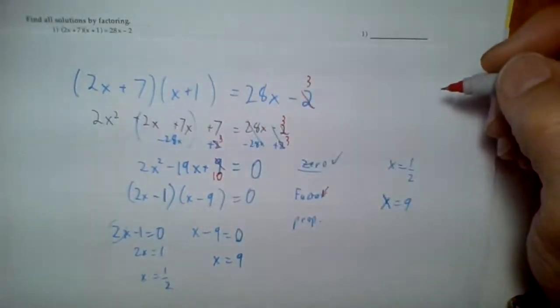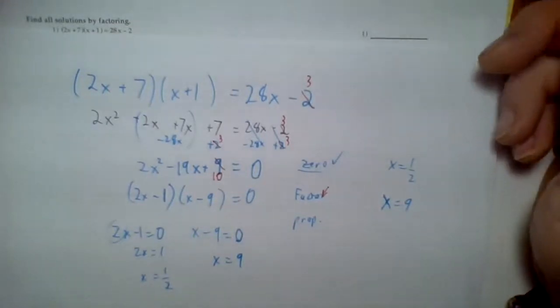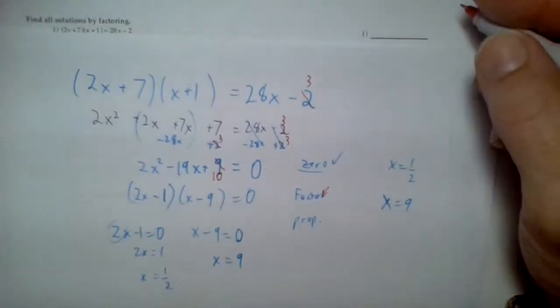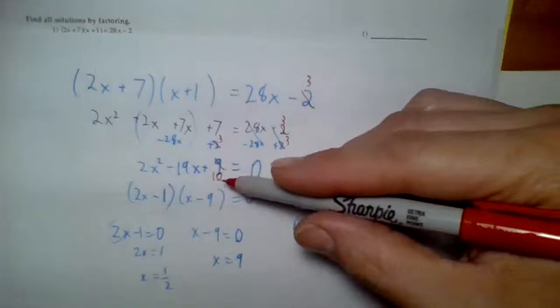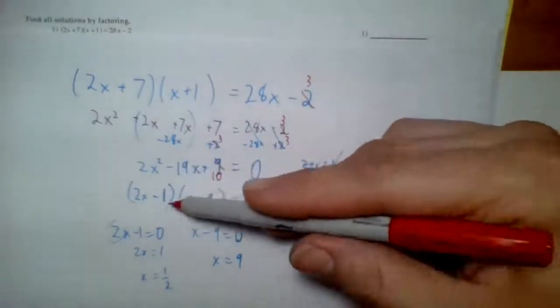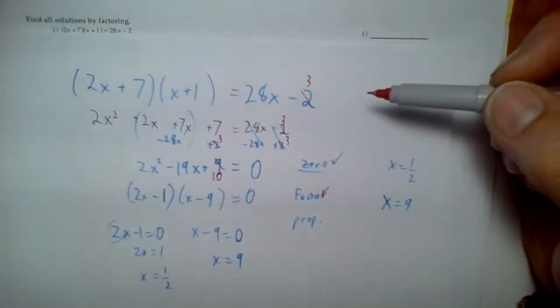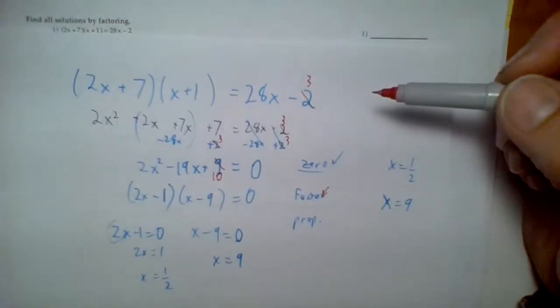But if you have 2x squared minus 19x plus 10, it might not factor. Actually, in this case, it might factor. I don't know. The point I'm trying to make is that if I had the wrong number right there, and that ends up prime, then this property doesn't do me any good. In this case, it ended up being another one that does factor, actually. So that was kind of accidental.